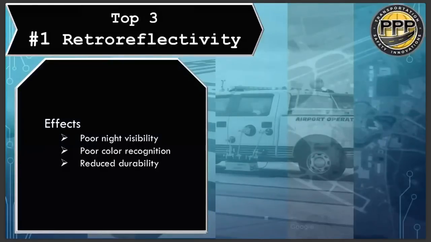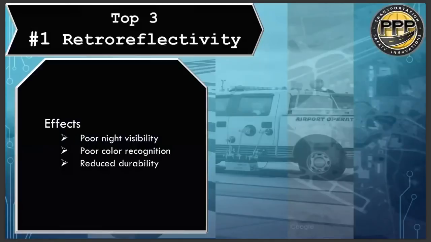Some of the effects of poor reflectivity certainly include poor nighttime visibility. That's pretty obvious, but we needed to say it. Also, poor color recognition. Greg just doubled down on what I was saying about how embedment affects how color looks at night. If you are an airport operator and go out on the airfield at night, you probably have seen yellow markings that look white, or maybe a red surface painted sign that looks pink at night.